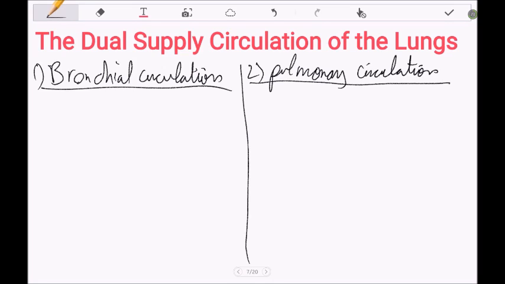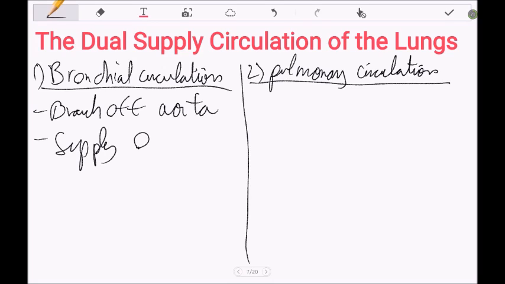Let's talk about the bronchial circulation. It branches off the thoracic aorta, so it's a branch of the aorta, and its main function is to supply oxygen to the lung tissues themselves, right?